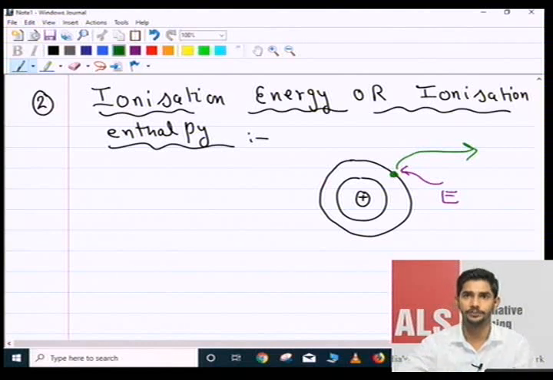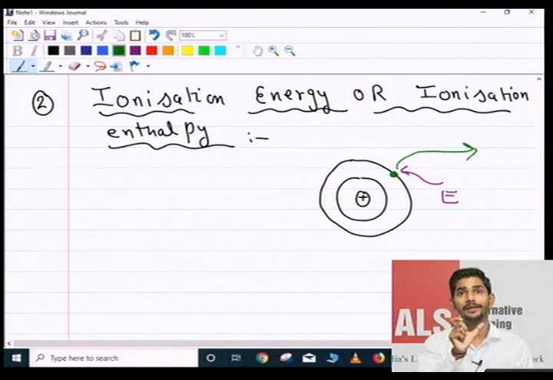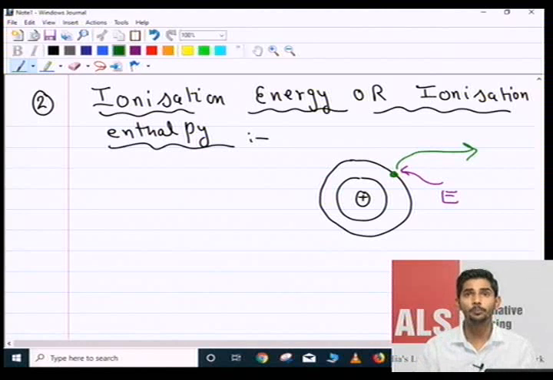So basically, the energy to remove an electron from an isolated gaseous atom is known as ionization energy or the ionization enthalpy.